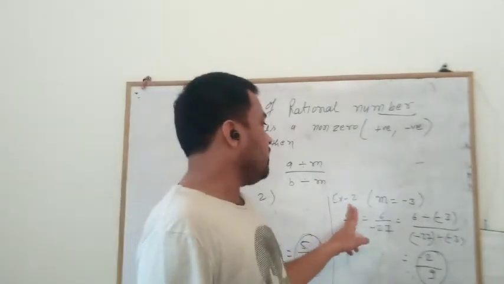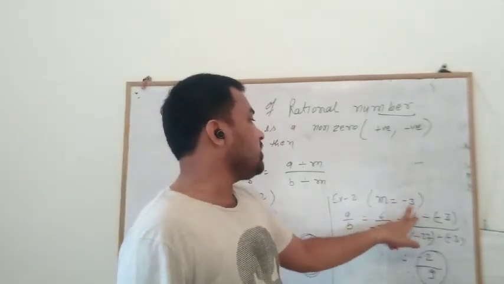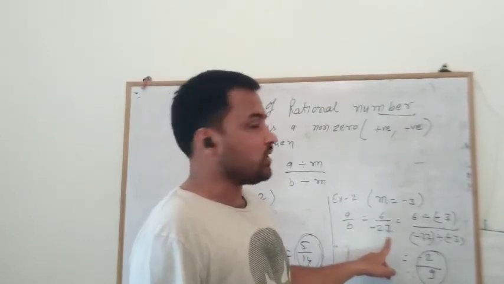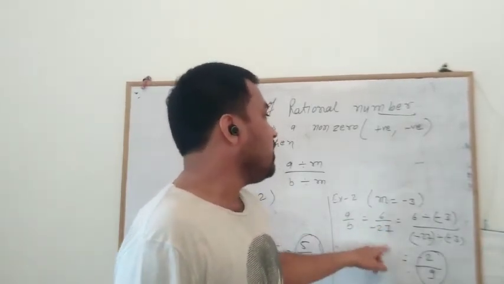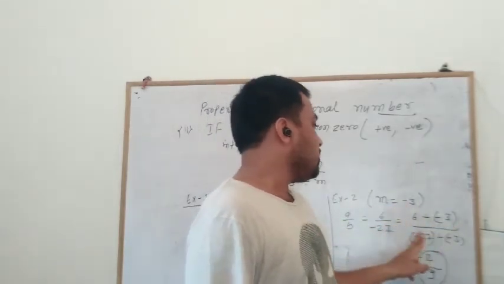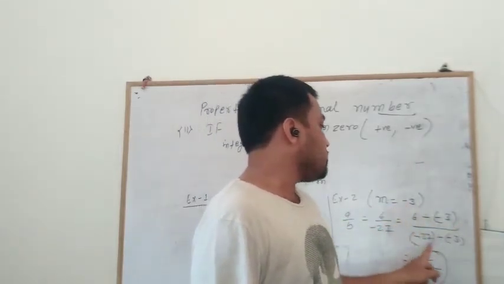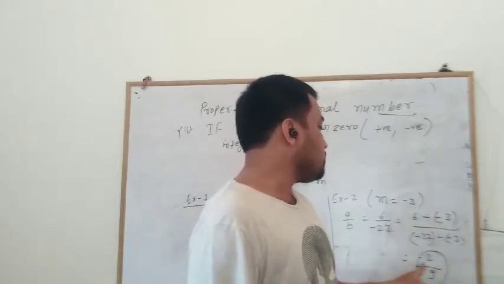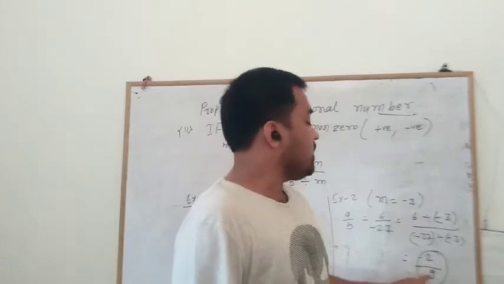In the next example, we take m as a negative integer, and we take the rational number also as a negative rational number, 6 by minus 27. Now here 6 divided by minus 3 by minus 27 divided by minus 3. So when we solve this, we get minus 2 by 9.